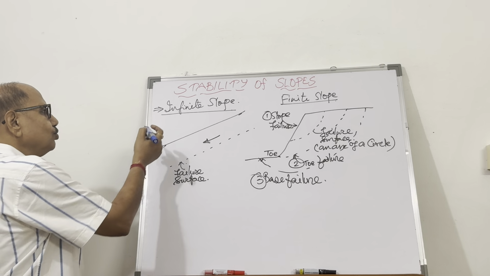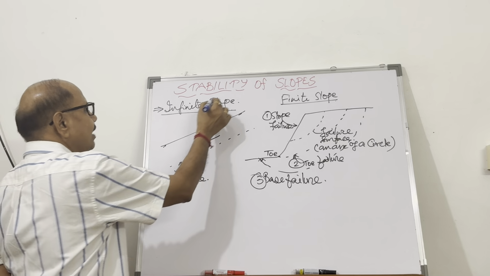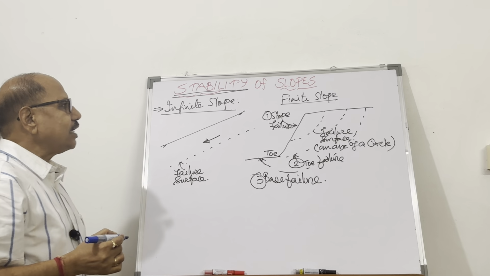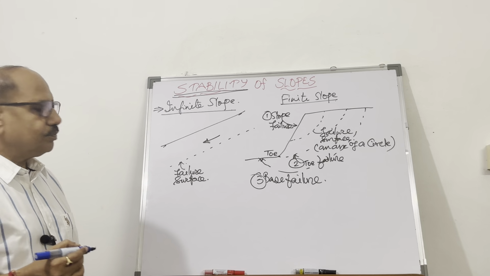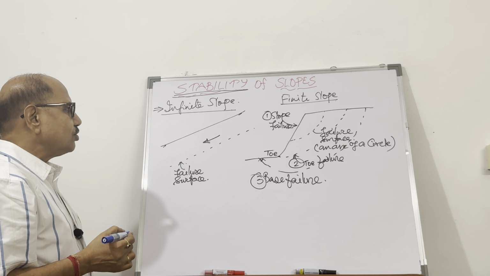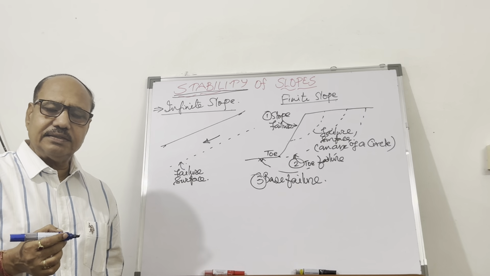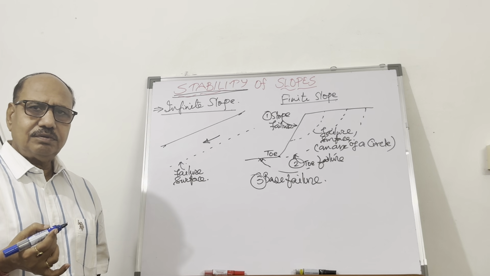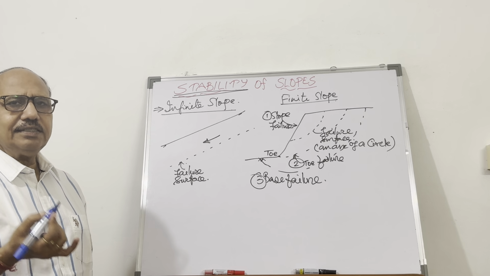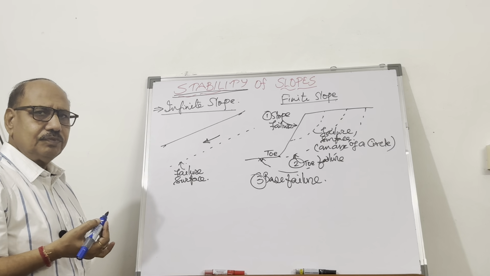Let's say we are going to first talk about the infinite slope, how to check the stability. So this is important to check the stability of an infinite slope. Infinite slope is the one which is of infinite extent. Natural slopes. In India, in the Himalayan region, you have the infinite slope.